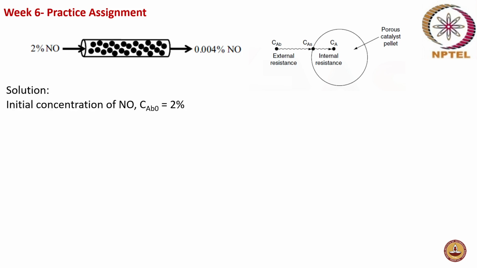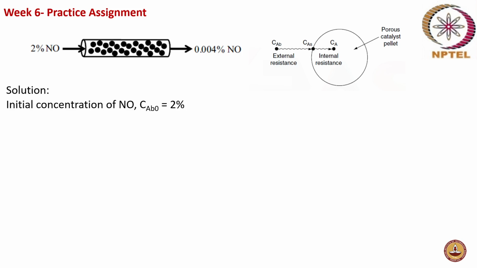So the initial concentration of nitric oxide, CAB naught, is 2% in the bulk. This is the bulk concentration that is given. Because 2% enters the reactor and 0.004% comes out of the reactor, the actual measurable parameter in reality will be this bulk concentration only.